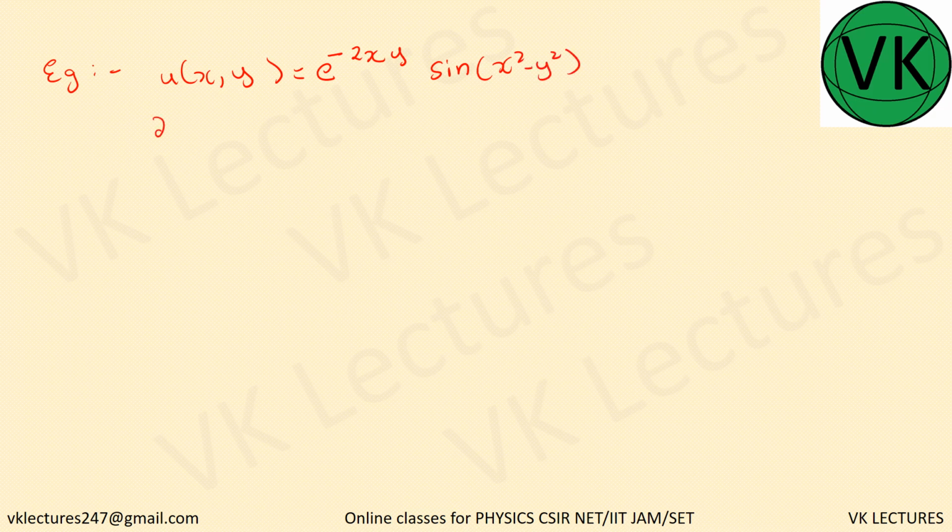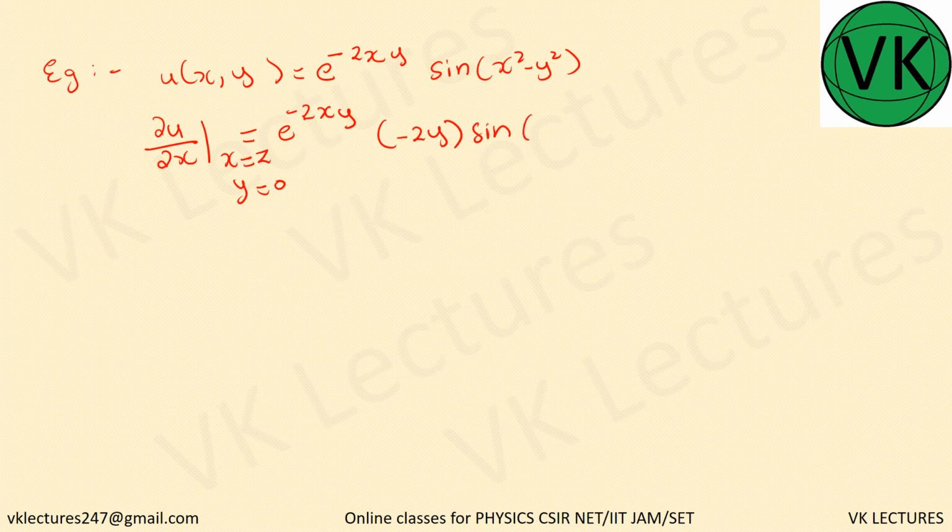So dou u by dou x at x is equal to z, y is equal to 0 is equal to e raised to minus 2xy into minus 2y sine of x square minus y square plus e raised to minus 2xy cos of x square minus y square into 2x.